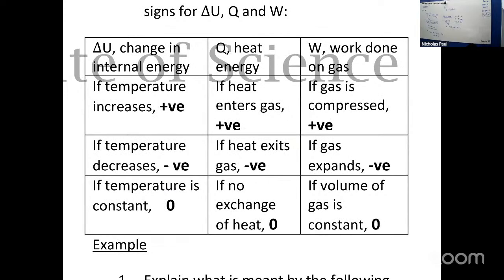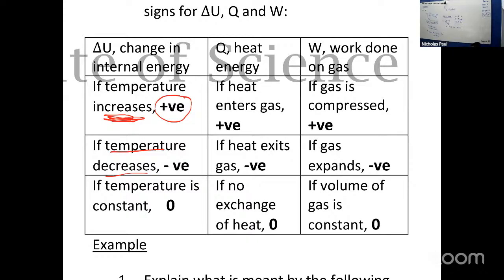If the temperature increases, delta U is positive. That makes sense? If you increase the temperature in a gas, the internal energy should go up. What about if it drops in temperature? The internal energy will drop.